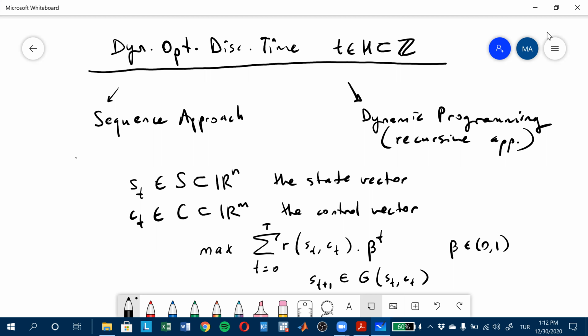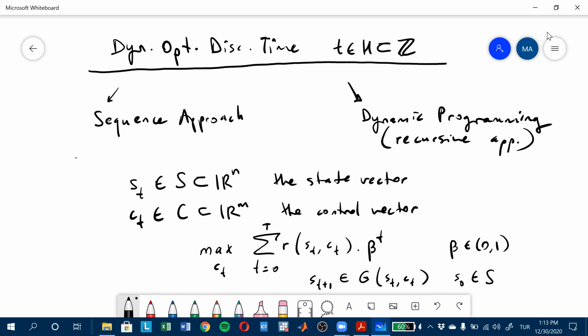And obviously, in the beginning, you will have the initial state known. That's the most general specification of the problem. Actually, not the most general.